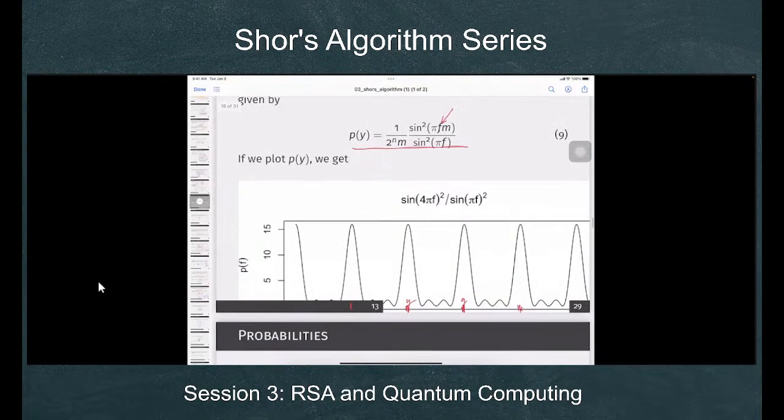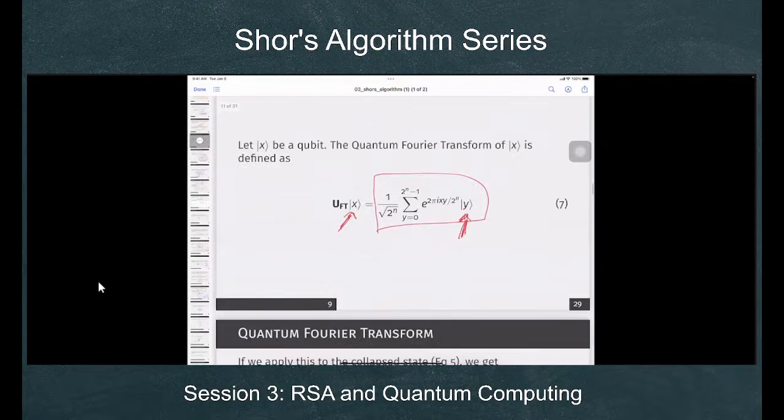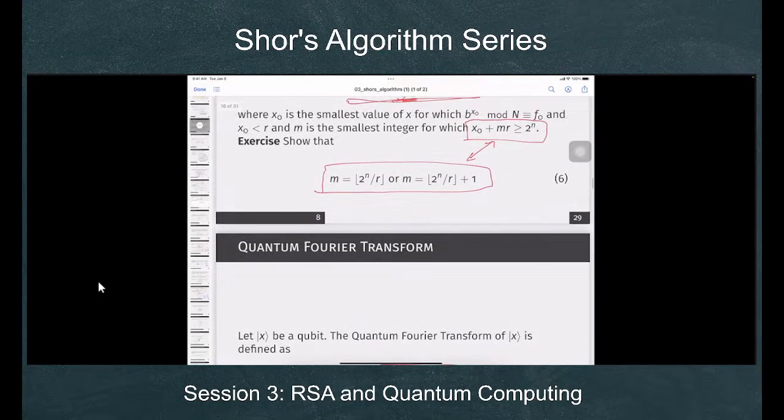I think it was in the beginning. Okay, so according to this, m is approximately equal to 2 to the n over r, or 2 to the n over r plus 1. Let's just say it's approximately equal to 2 to the n over r.